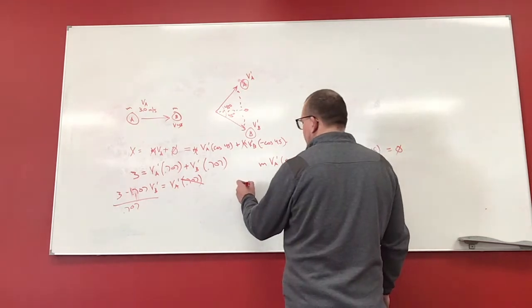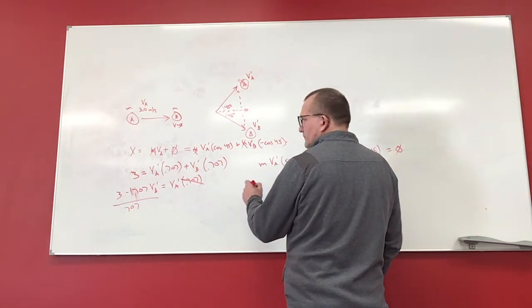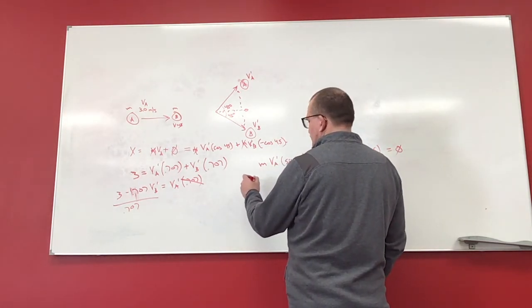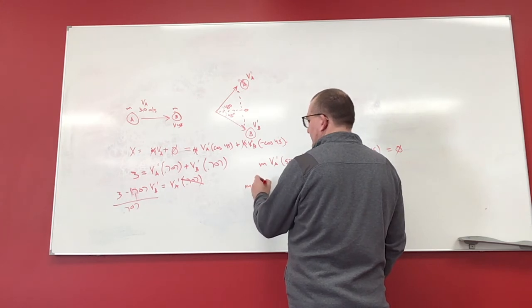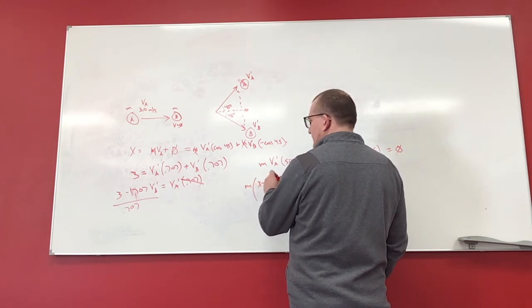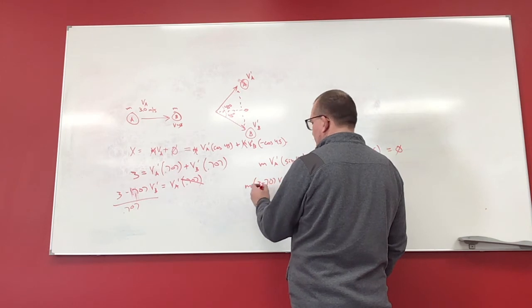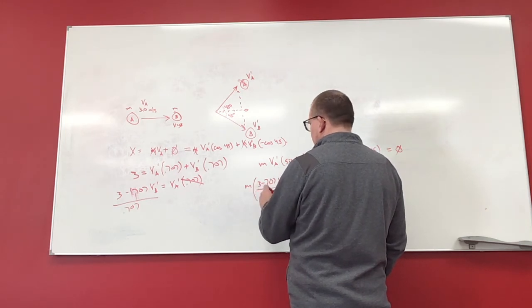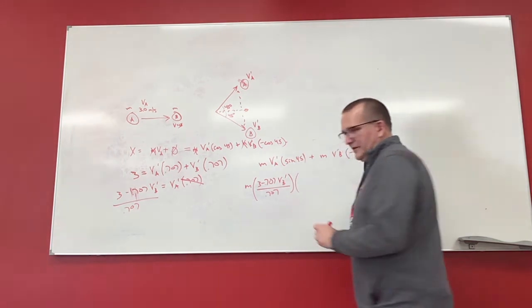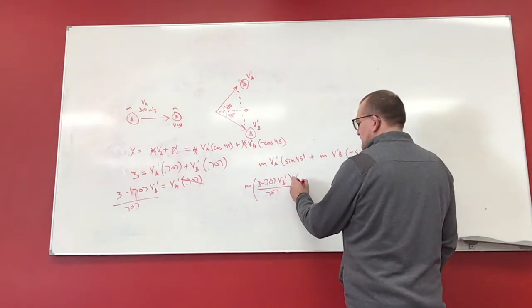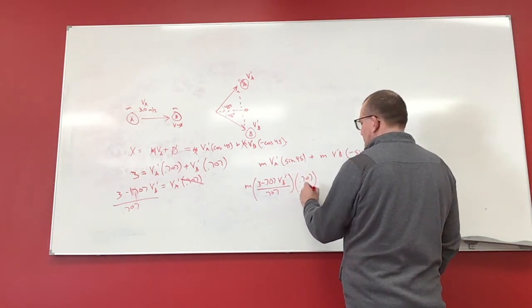So now I got m times 3 minus 0.707 VB prime over 0.707. Sine of 45 is 0.707, right?